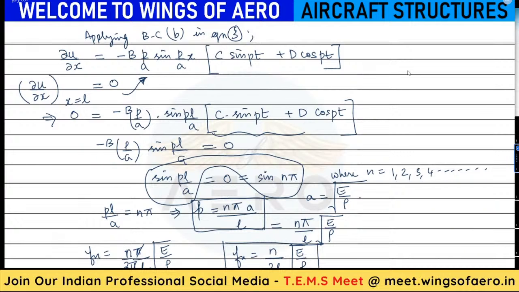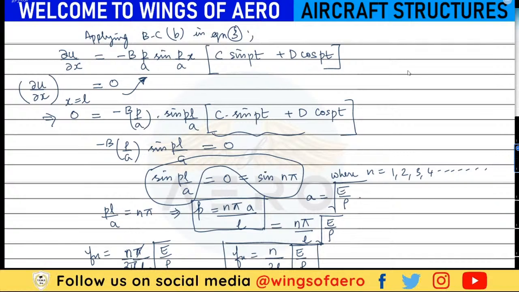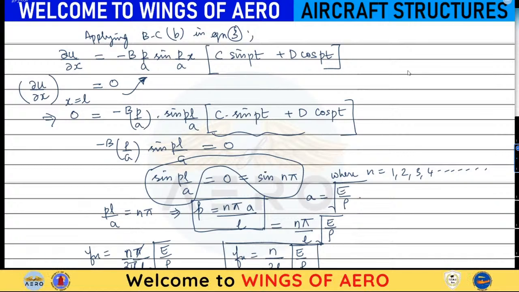Now n can be, if they're asking for the first mode, then you need to apply the n value as 1. If they're asking for the second mode, you need to apply the n value as 2. So whatever the number of modes they're asking, you need to substitute that value over there. Clear?